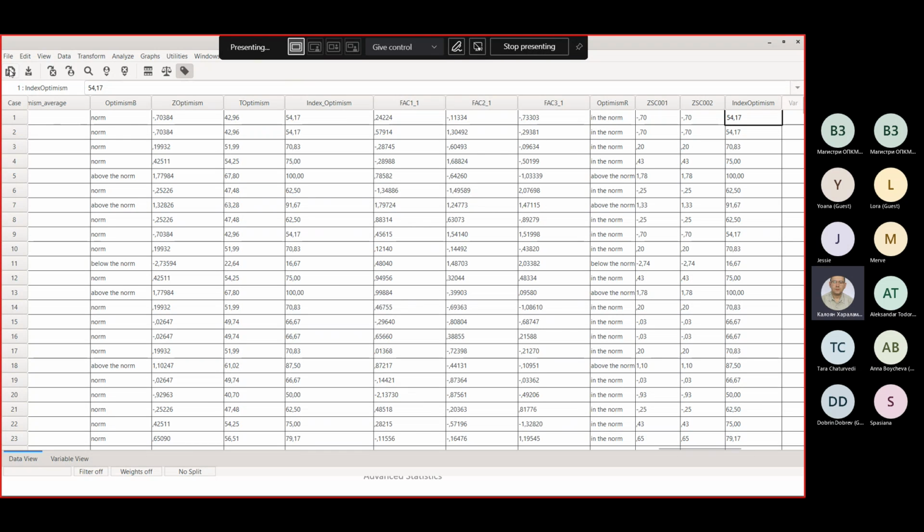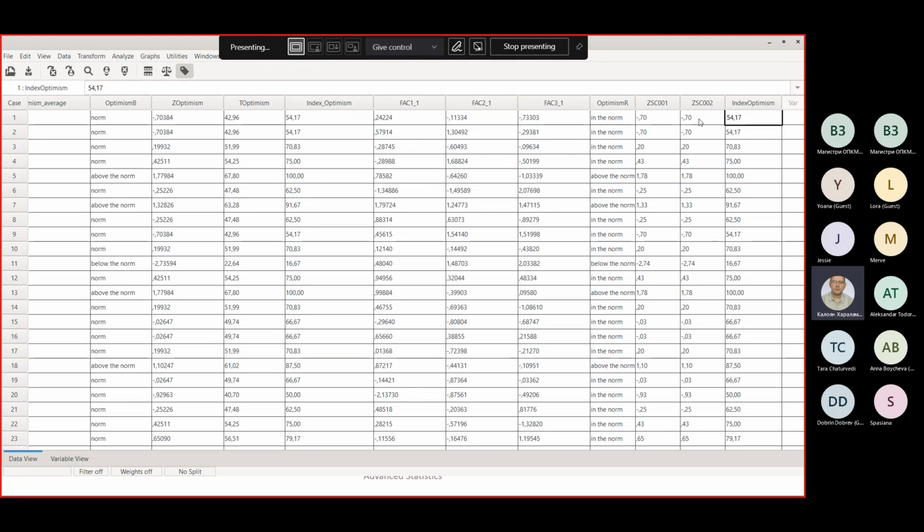In the case of this variable, optimism R, here, we can see the norm directly. Here we have categories: in the norm, above the norm, below the norm. In the case of z-scores, we also can see the norm, because the numbers between -1 and +1 are in the norm.